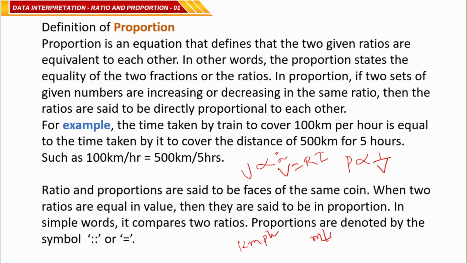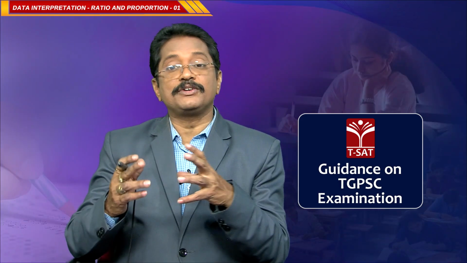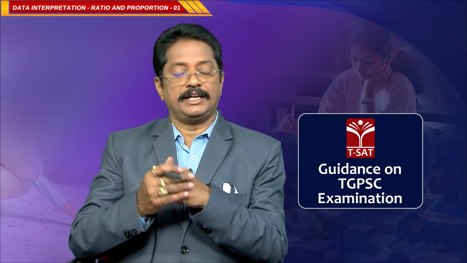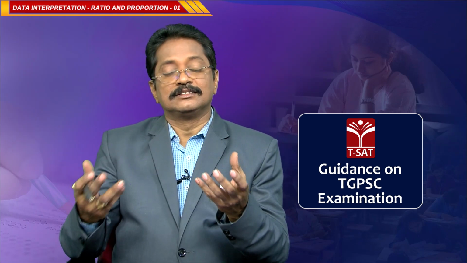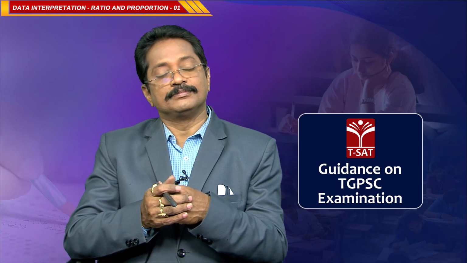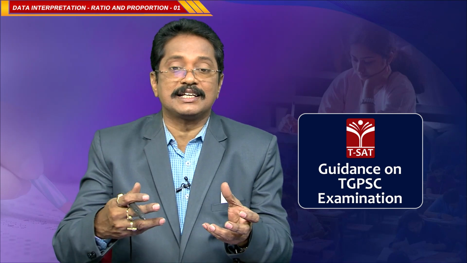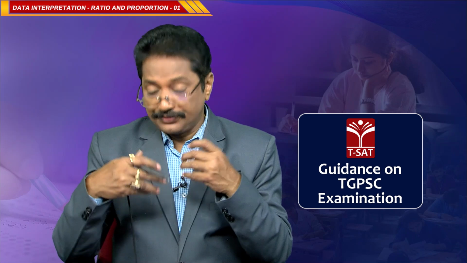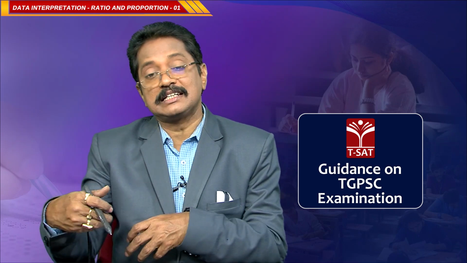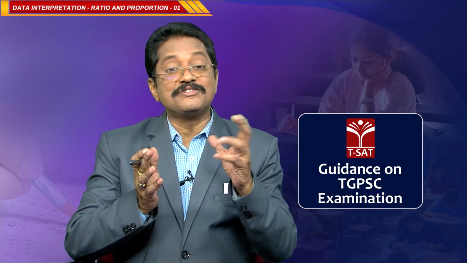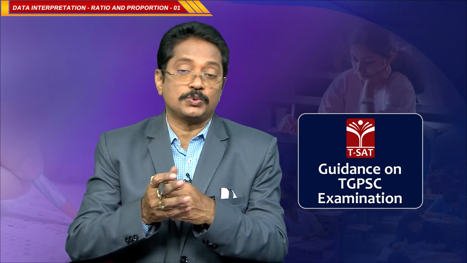When you compare distance and speed, as speed increases, the distance covered increases and the remaining distance decreases. Do you understand? So sometimes if one quantity increases, the other quantity decreases, and if one decreases, the other increases. So there is an inverse proportion between these two.